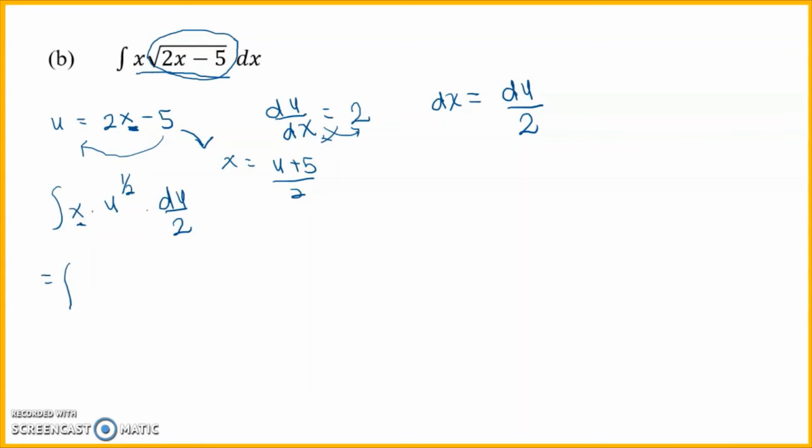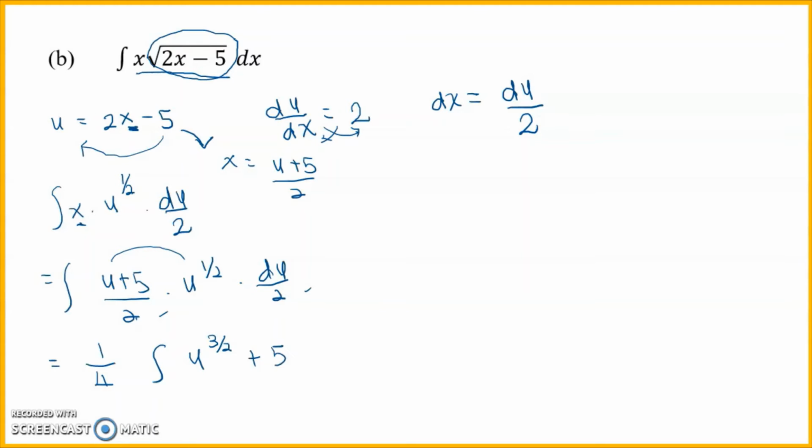Then this becomes u plus 5 divided by 2 times u to the half times du over 2. So I bring the 1 over 2 and 1 over 2 out. I have 1 over 4. And u times u to the half gives u to the power of 3 over 2, plus 5 u to the power of half, du.